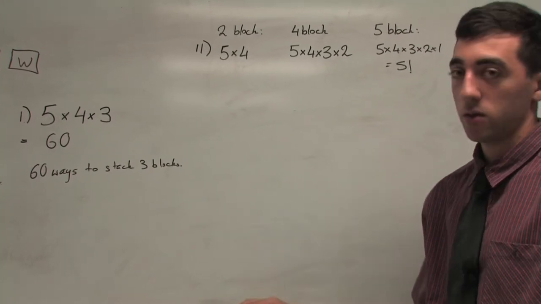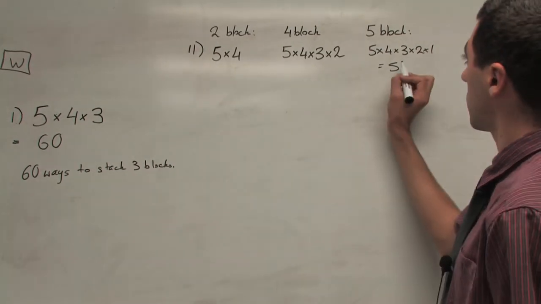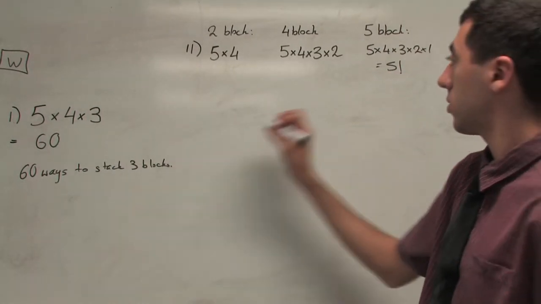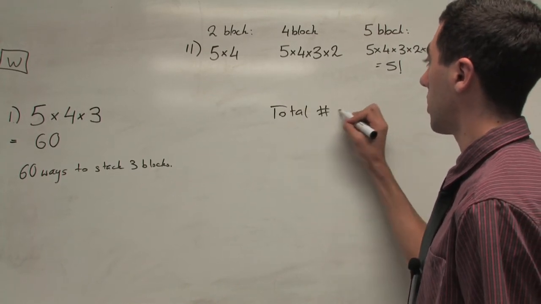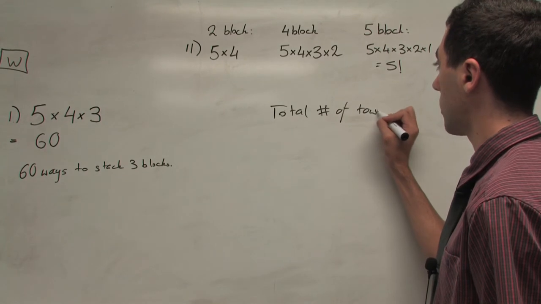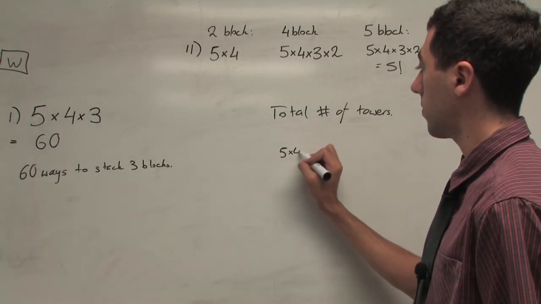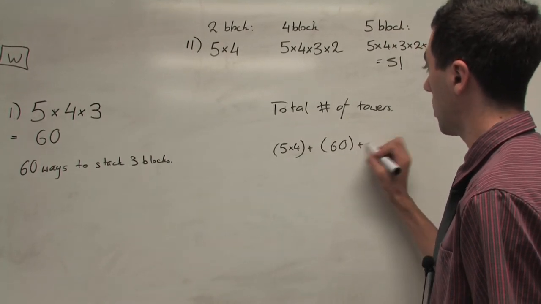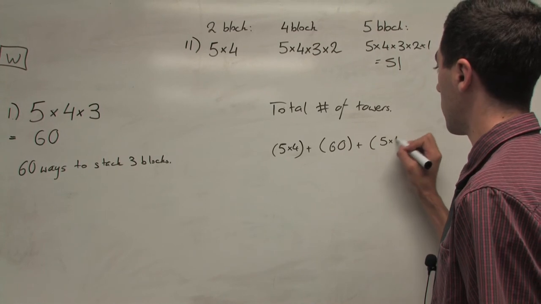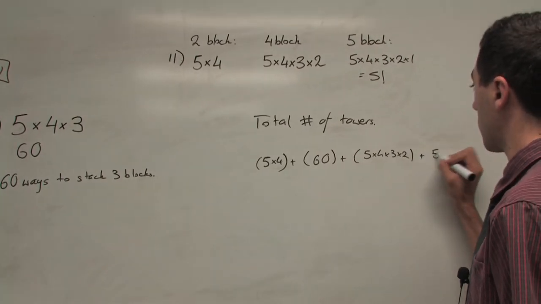So the total ways to do this is we just have to add these ways, these ways, these ways, and from part I. So the total number of towers Sophie can make is 5 times 4 plus 60 from part I plus 5 times 4 times 3 times 2 plus 5 factorial.